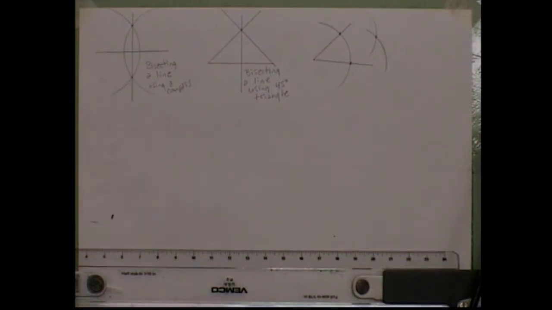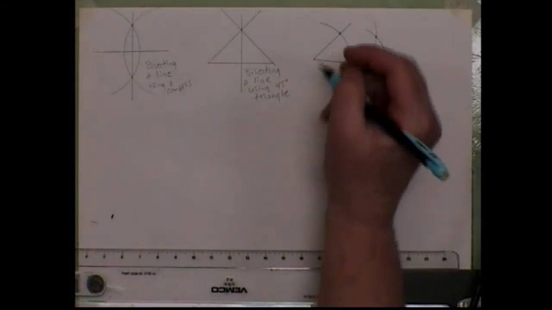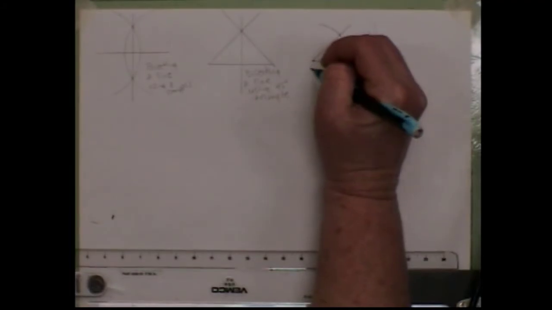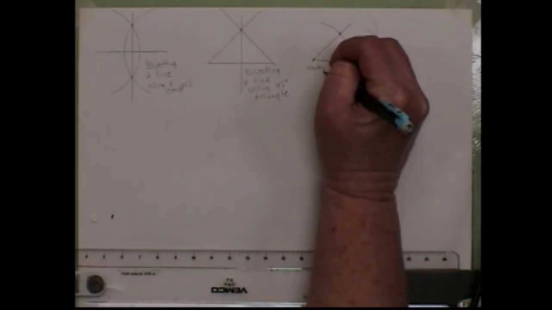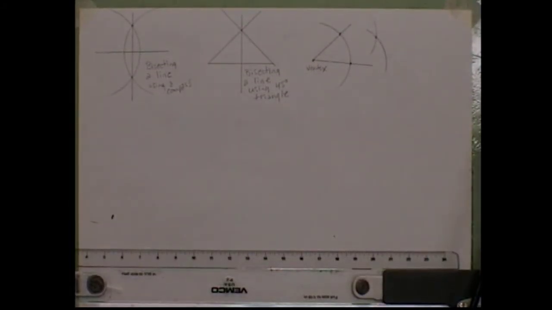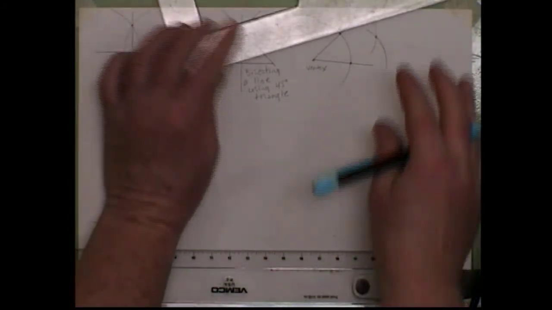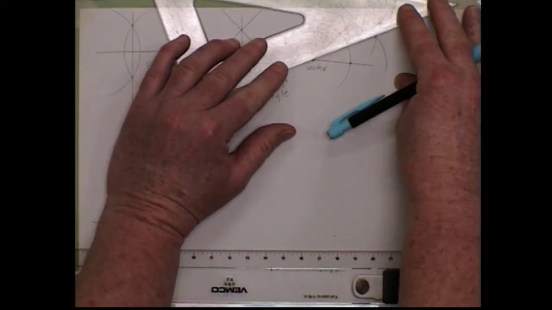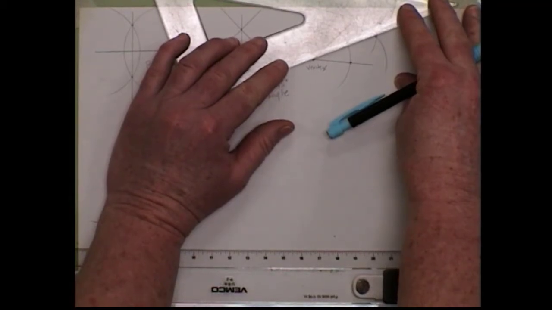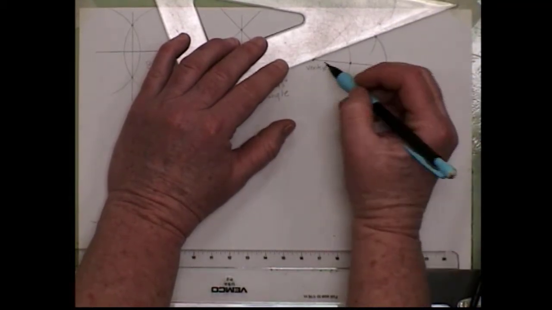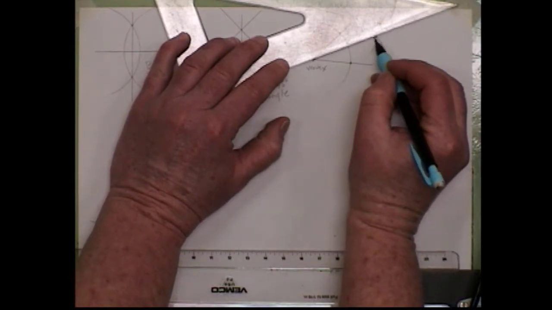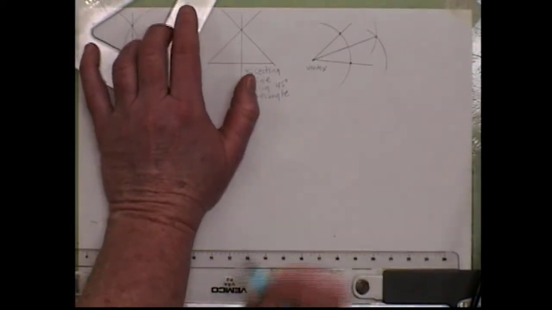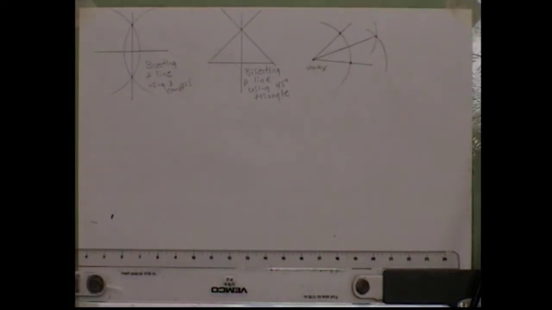And you've probably guessed we're going to use the vertex. So remember, this was called the vertex. And the point that we just created, we're going to put our straight edge up tangent to those points and make our line. And that line bisects that angle.